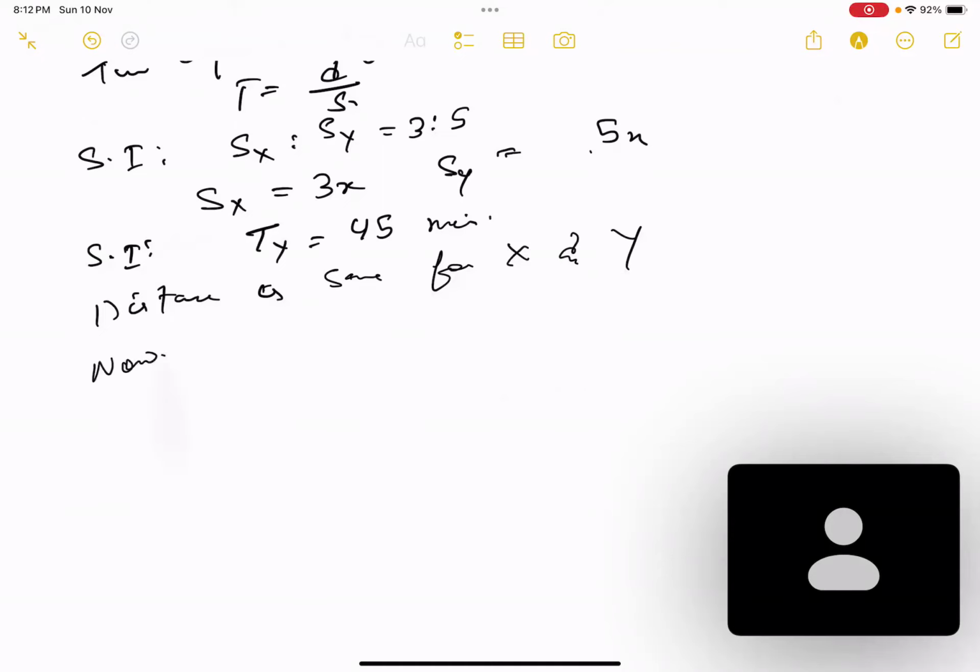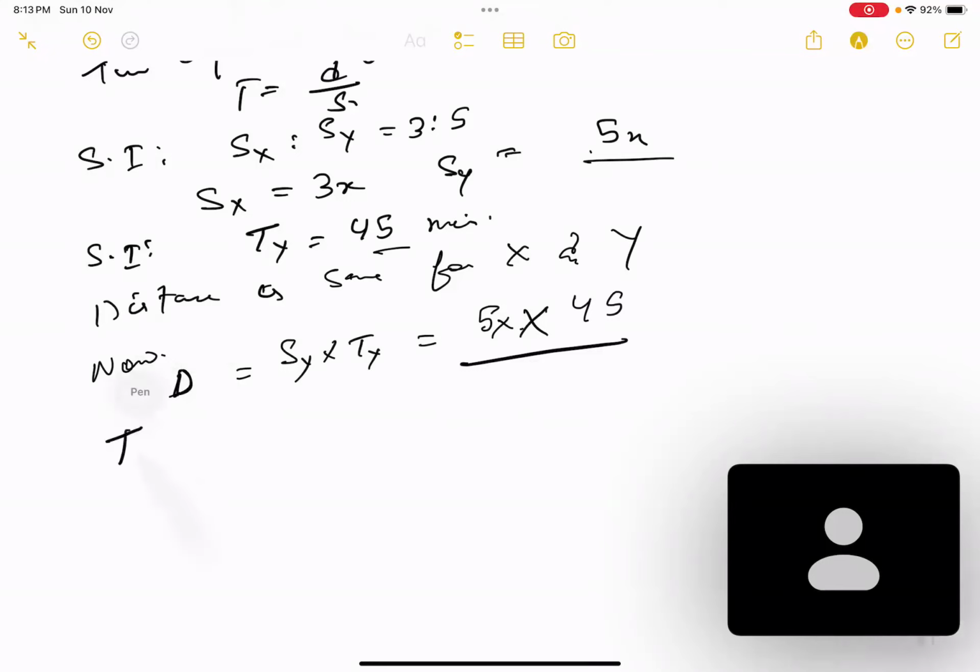Now, for speed of y into time for y, which is nothing but speed of y is how much? 5x, y 5 minutes, right? This is the distance for y. So distance is the same, so we will have to write y.